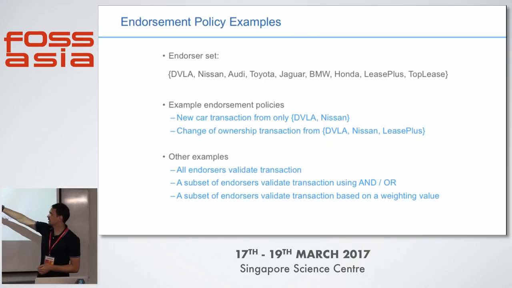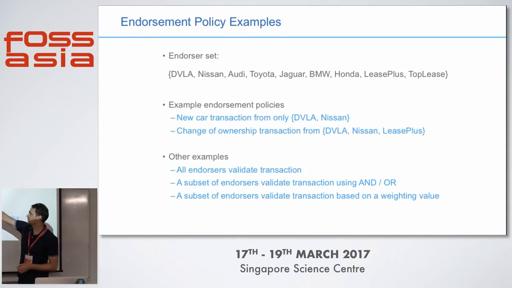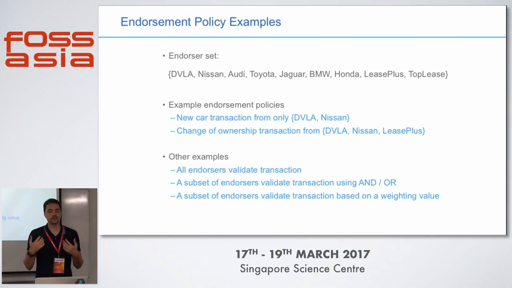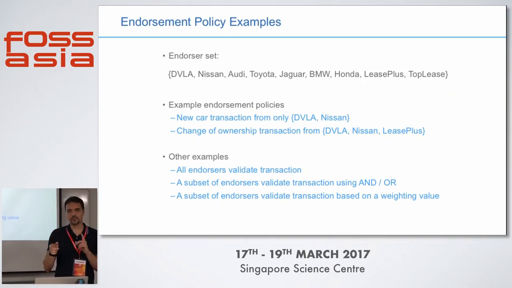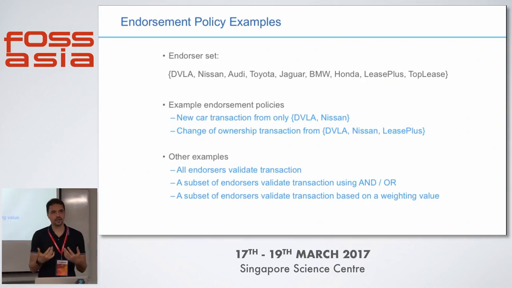And then we are saying that the new car transaction needs to be validated by the DVLA, which is, in our case, a regulator, and Nissan as a manufacturer. So we need to get the signature from both of them in order to create a new digital representation of a car in our vault state.